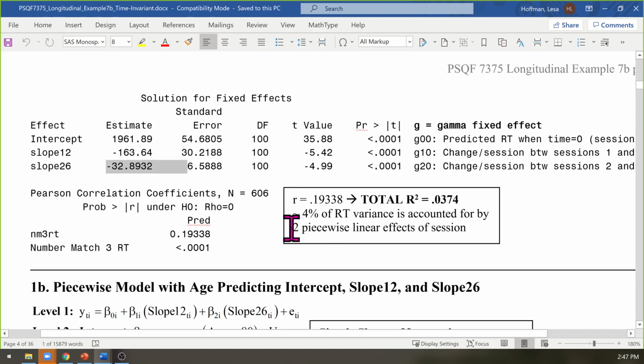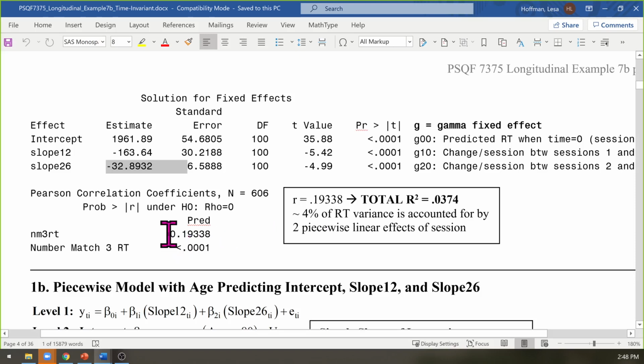And so we would have already gotten a pseudo R-square that explains how much of the level 1 residual variance these level 1 time slopes would have explained. But I can supplement that with a total R-square that we get from correlating the predicted outcome with the real one and then squaring that.